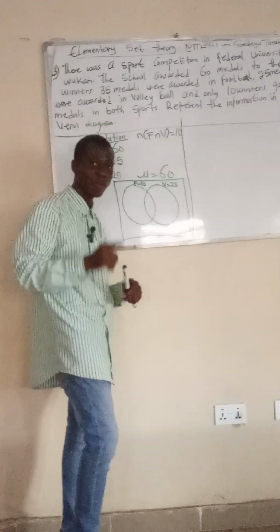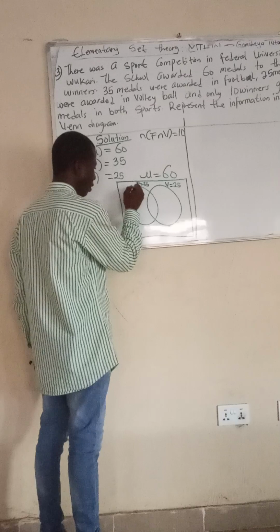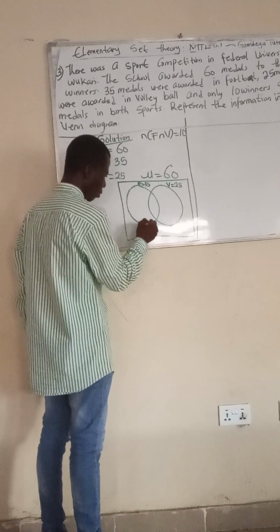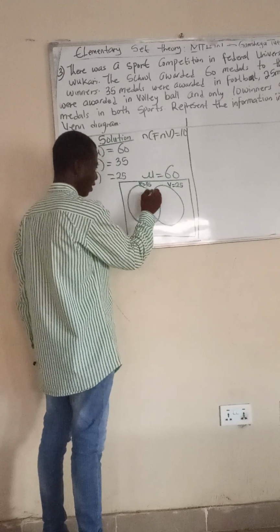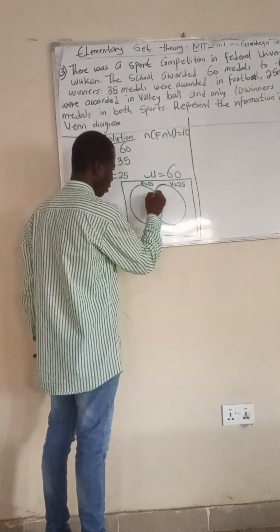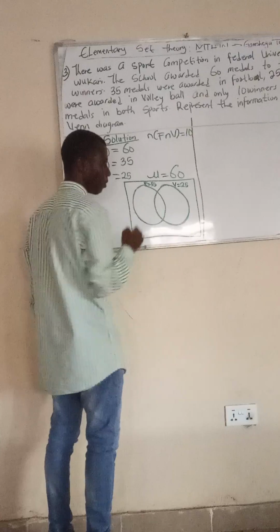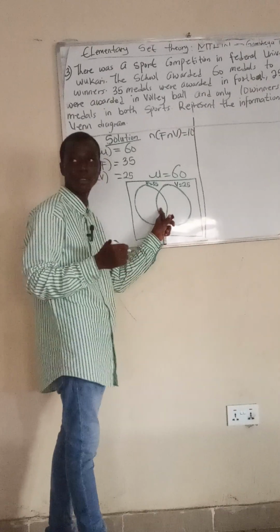Please, let's take note of something. The whole of this circle is 35, and the whole of this circle is 25. So there is an intersection.